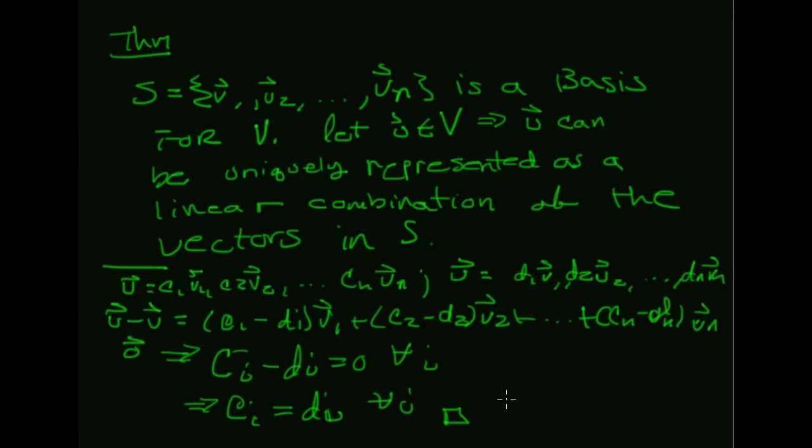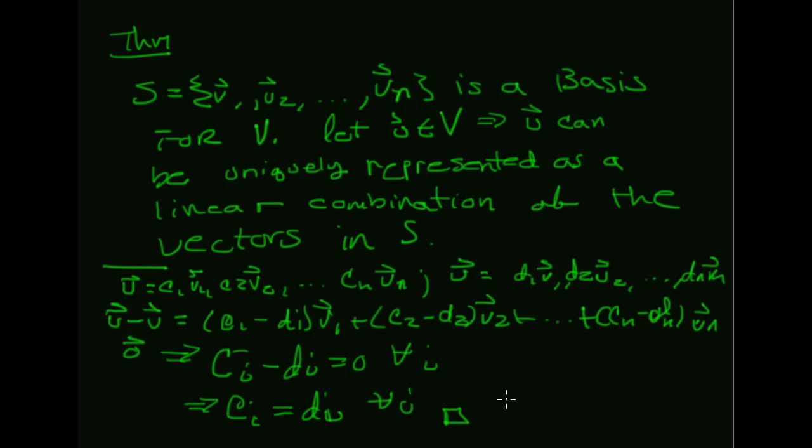Because if I try to make two different ones, they end up being the same anyway. All right, so that's uniqueness of representation of the vectors in the vector space given the basis. There's only one way to do it.